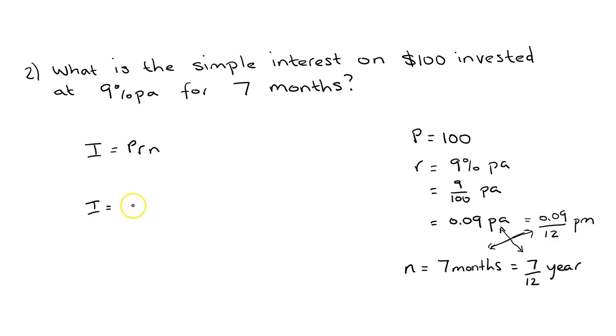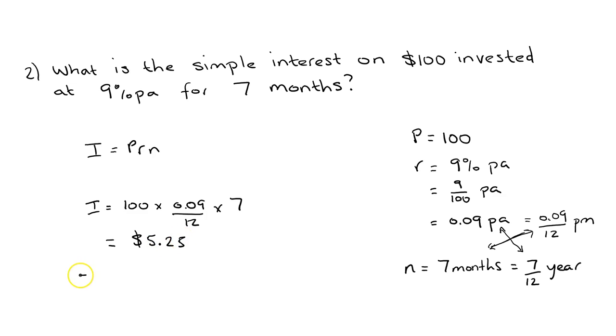So I equals P, which is 100, times the rate, which is 0.09 over 12, times n, which is our 7 months. And if we work that out, that comes to $5.25.